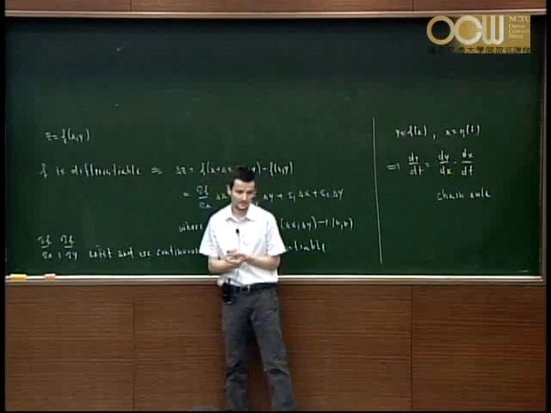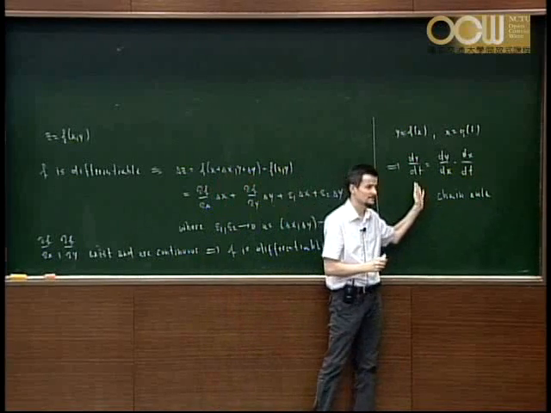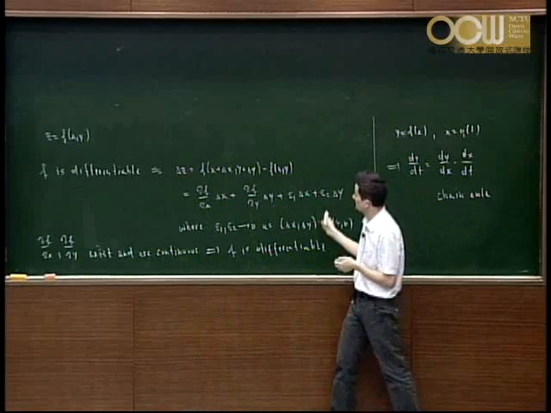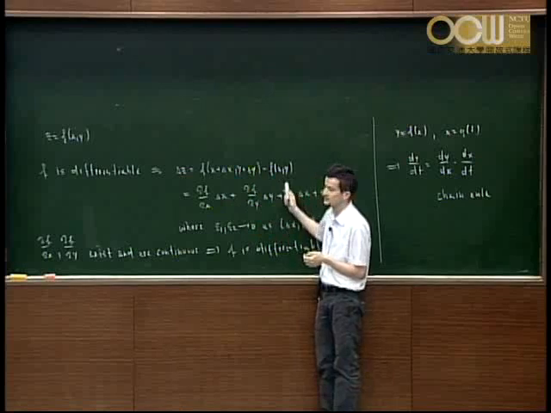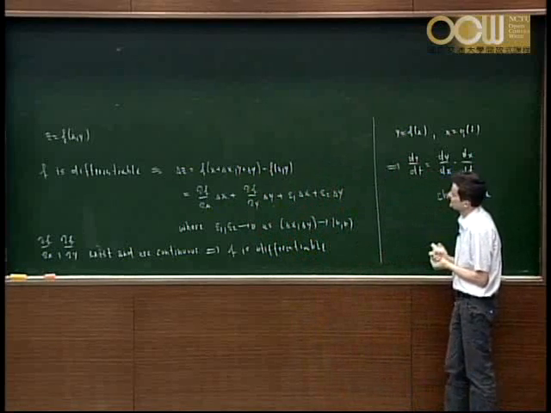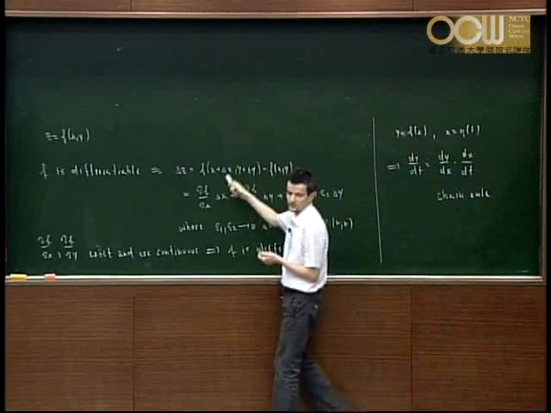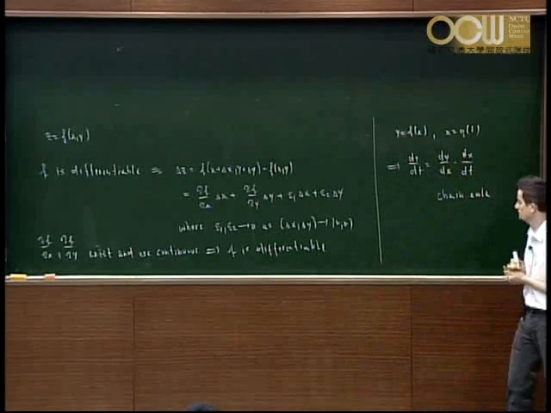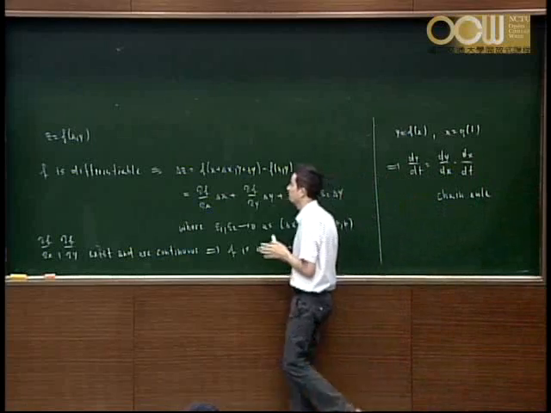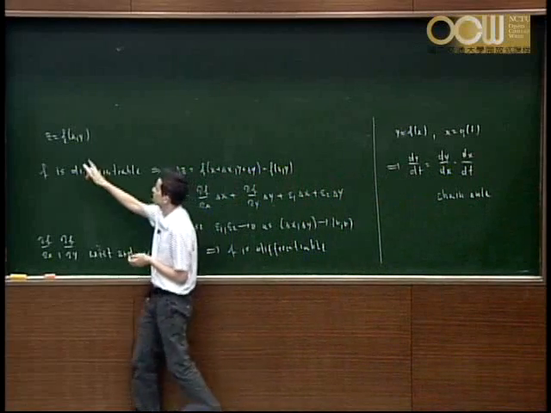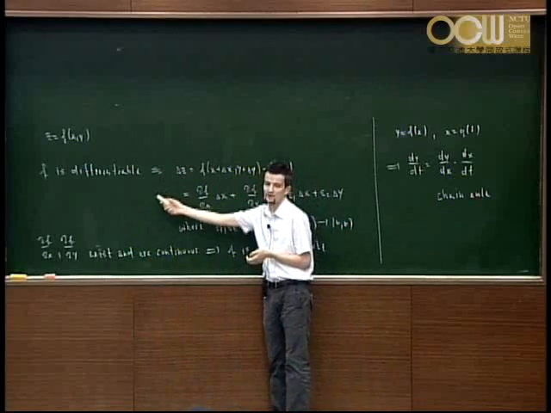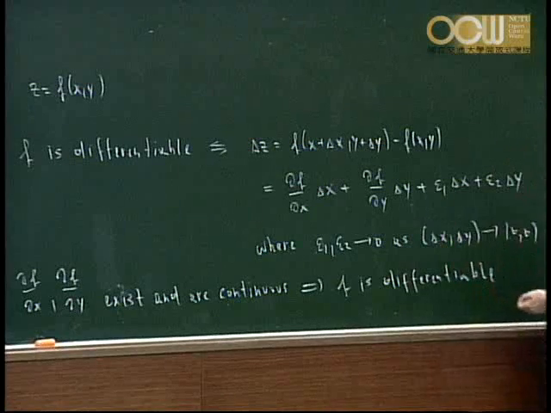The way we proved it last semester uses something similar to this definition here for differentiability. Here, for the chain rule of a function of two variables, we will see that the proof is much easier, because the definition already uses what we had to prove in that situation in order to prove the chain rule.